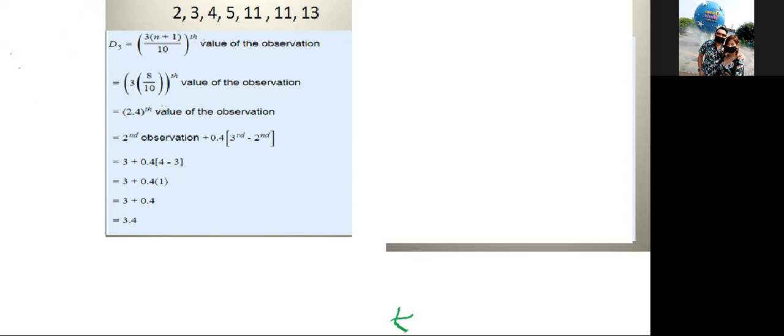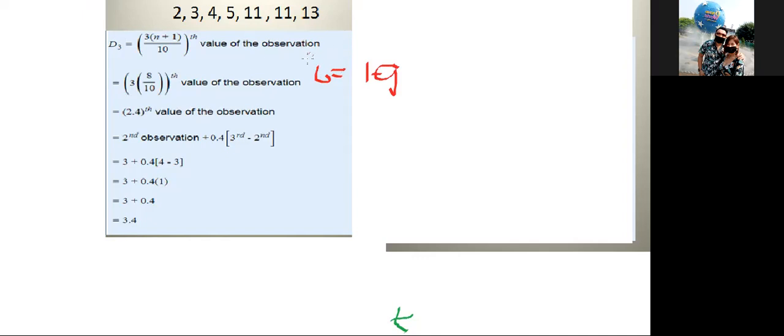Okay, so the first one, we need to identify what our i is. Since we are trying to find deciles, all we need to do is to find the i. It can be from 1 to 10 or 1 to 9. Oh, this is decile, right? So decile can only be 1 to 9.